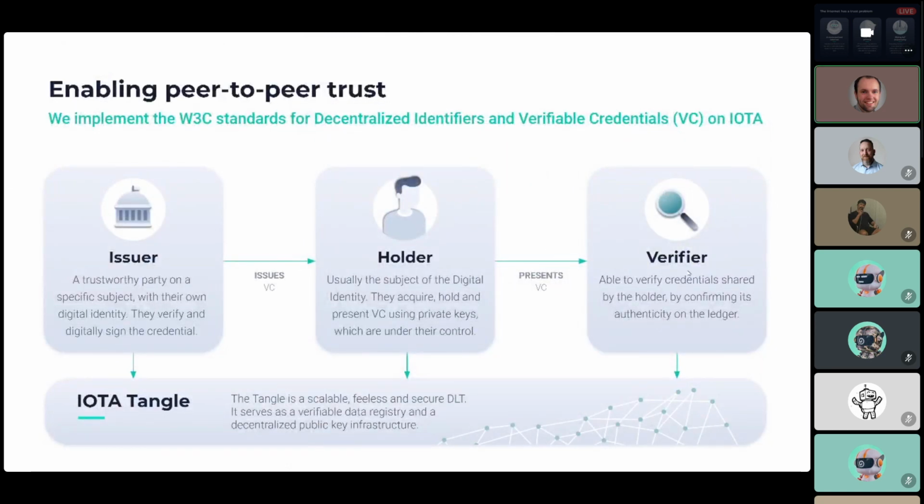So I guess the most important part here is to understand how IOTA identity works, or digital identity in general, because we are adopting standards from the World Wide Web Consortium, or W3C, which are the DID standard and the verifiable credential standard.